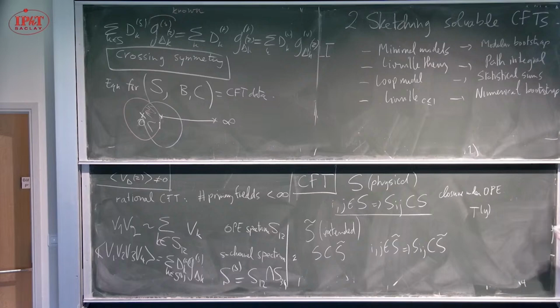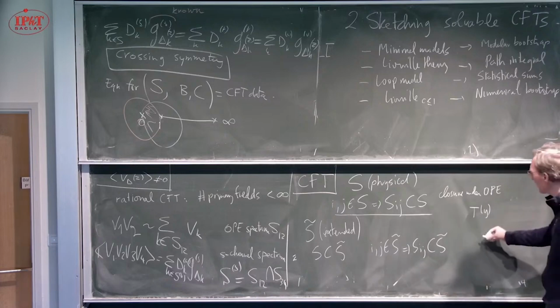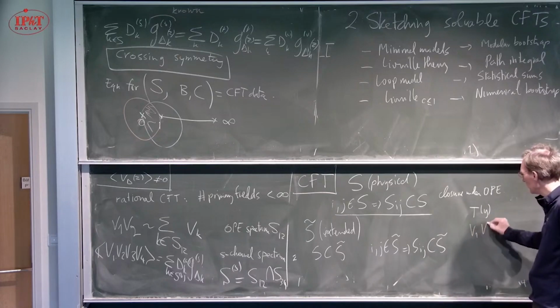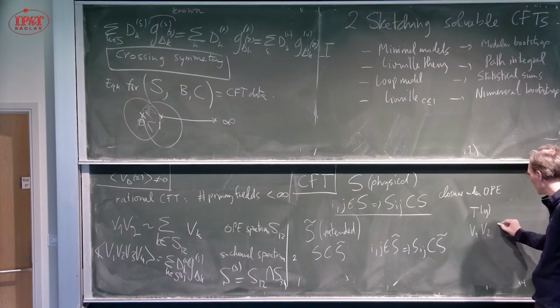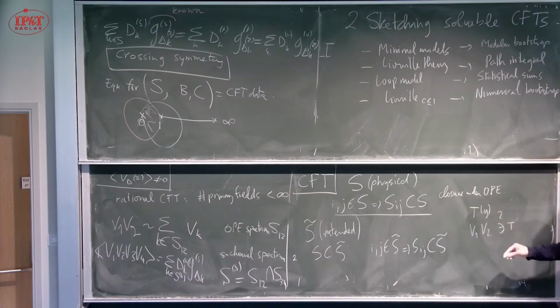But nobody tells me that T of y really belongs to the CFT. The question is whether, when you do some OPE, you will ever encounter the energy momentum tensor. Maybe you do, maybe not. And in fact, in Liouville theory, you never encounter T in any OPE.